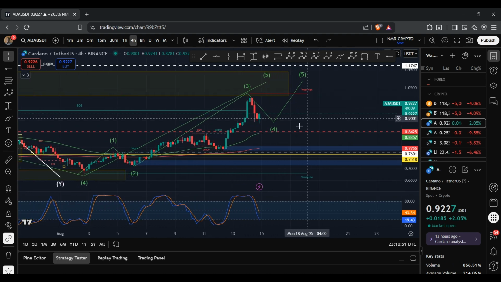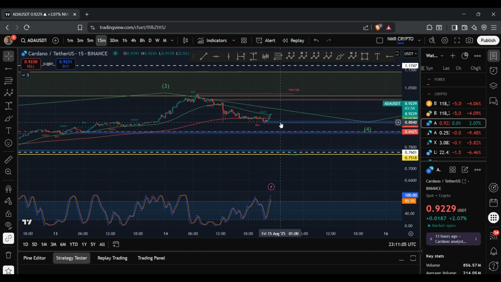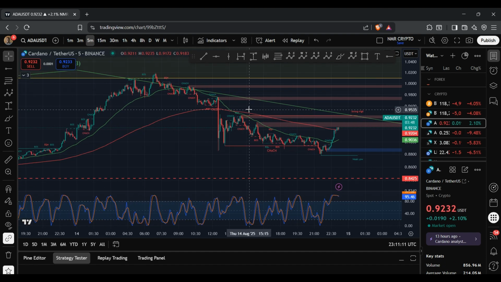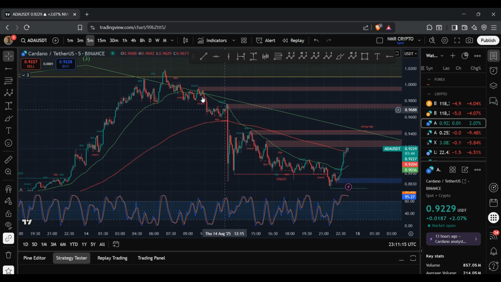And so what I'll do is I'll check to see what's taken place within this recent move to the downside, just so I know whether or not we are still bearish, or if we complete this move and then we see a reversal to the upside, where we can then begin to track this wave 5. So if I drop down to the 15-minute chart, in fact, if I drop down to the 5-minute chart instead, and check to see what's taking place over here, this move actually looks to be corrective rather than impulsive.